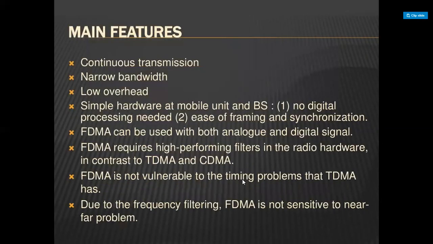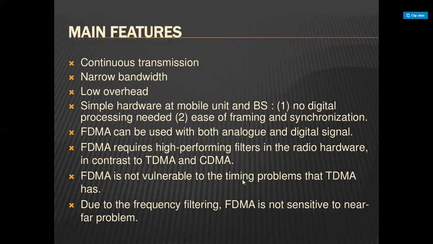Next, the main features of FDMA are continuous transmission, narrow bandwidth, no digital processing needed, and ease of framing and synchronization. It is used in both analog and digital signals, and it requires high performing filters, in contrast to TDMA and CDMA. It is not vulnerable to timing problems.